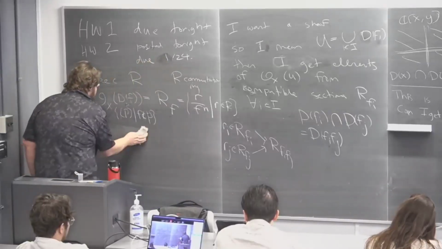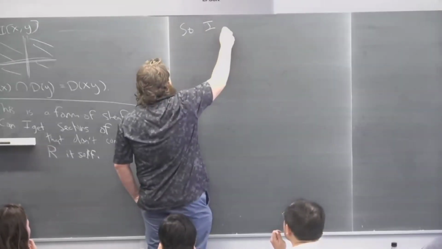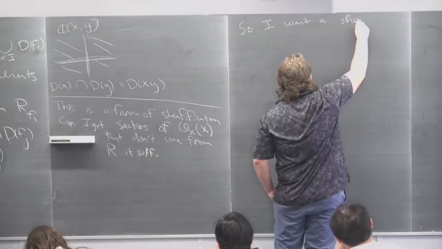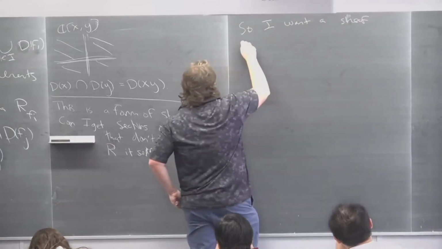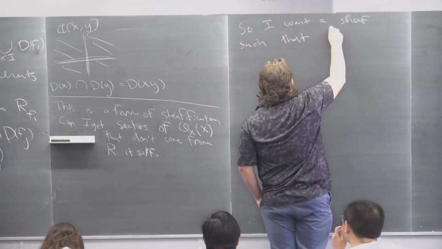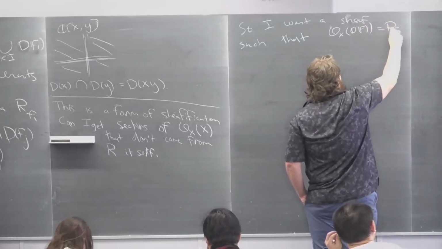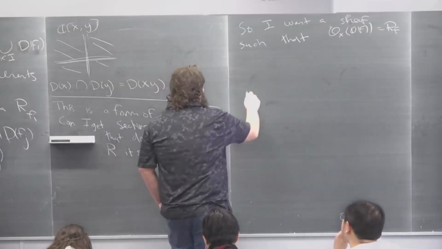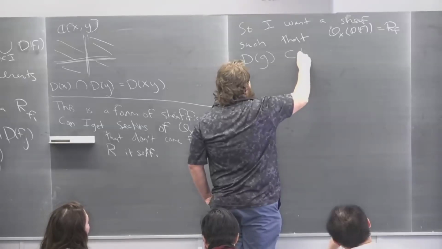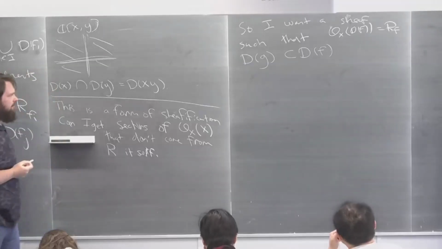give myself space. So what I'm saying here is I want a sieve such that if I take O of X, D of F, R of F, and such that, so what happens if I have that D of G is contained in D of F?